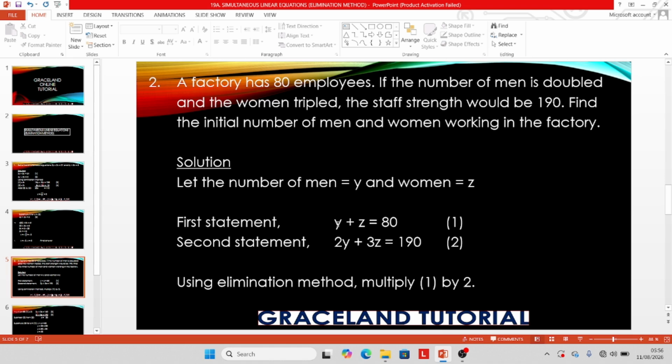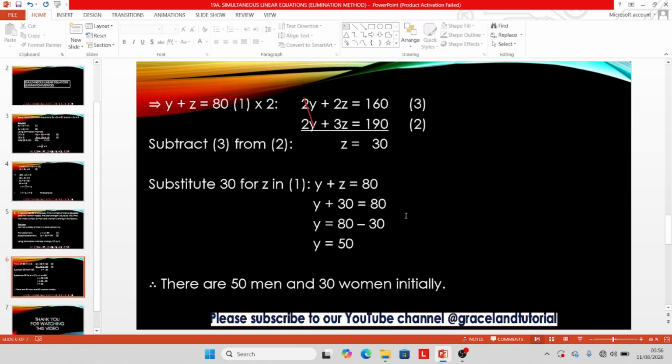Now, what do I need to do? To do that, I will multiply equation 1 by 2. Now, let's go ahead.